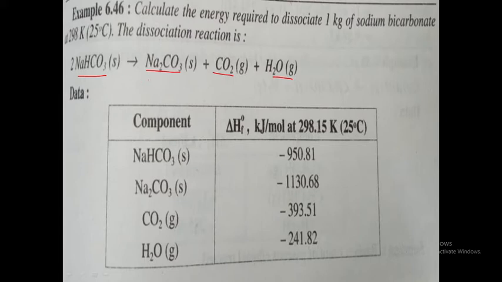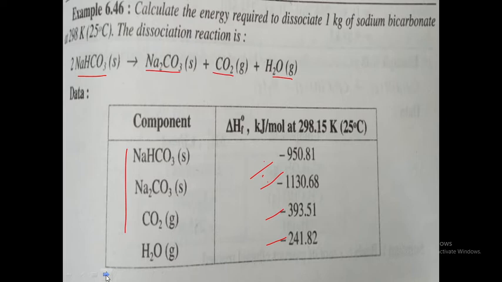We have 3 products and only 1 reactant, totally 4 components. The standard heat of formation data for the 4 components are available in kilojoule per kilomole, at 298.15 Kelvin, because this is the standard state. The objective of this problem is to calculate the standard heat of reaction value.